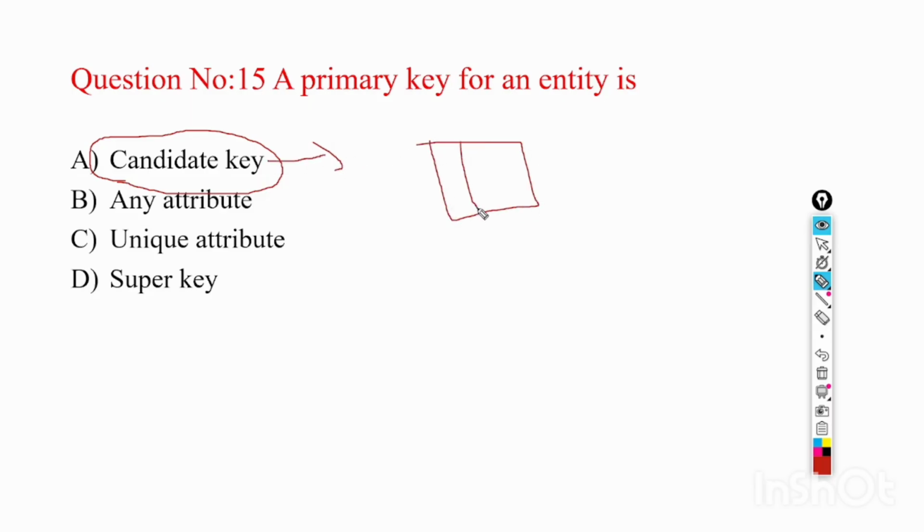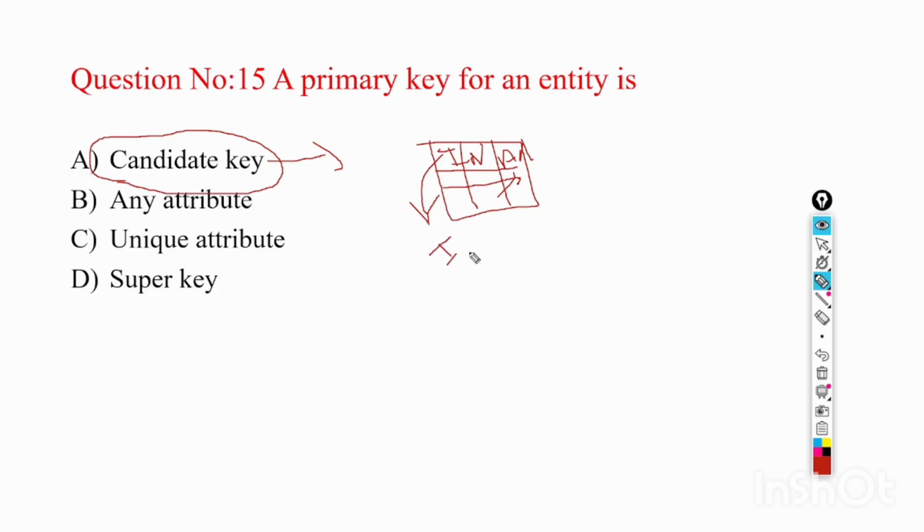Now going to the next question. Question number 15. A primary key for an entity is what? Candidate key, an attribute, unique attribute, or super key. In the first DBMS class, we discussed the super key, right? The primary key is selected from the candidate key. The candidate key uniquely identifies the record.